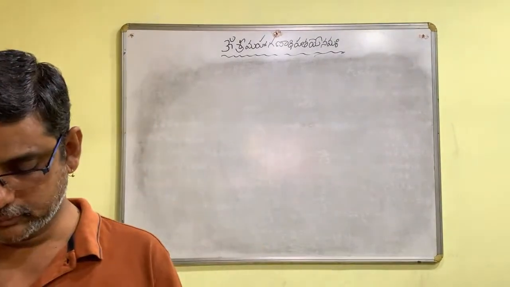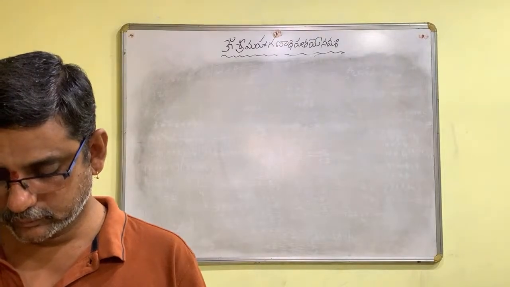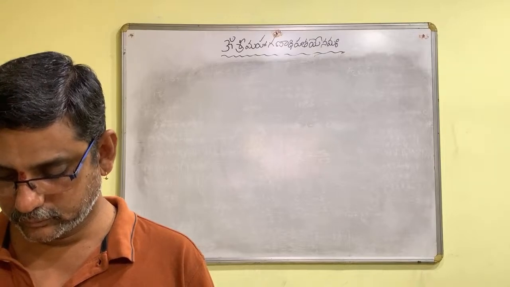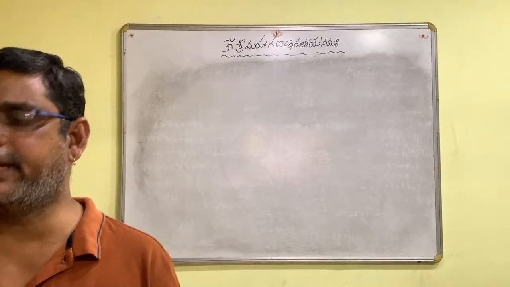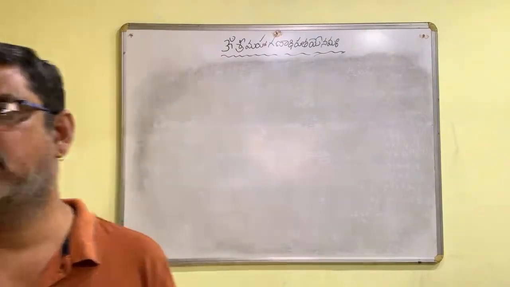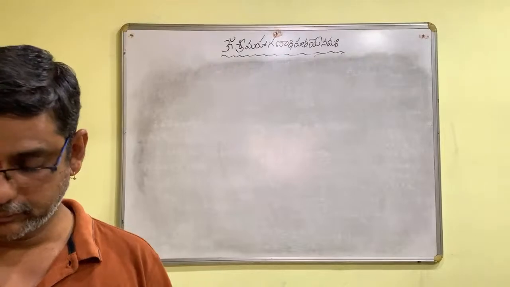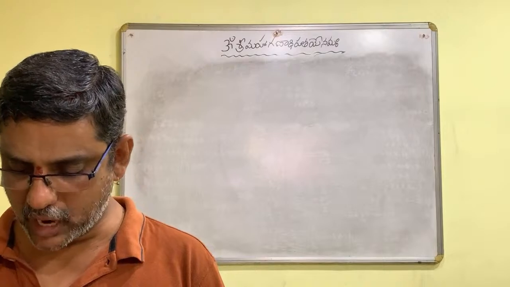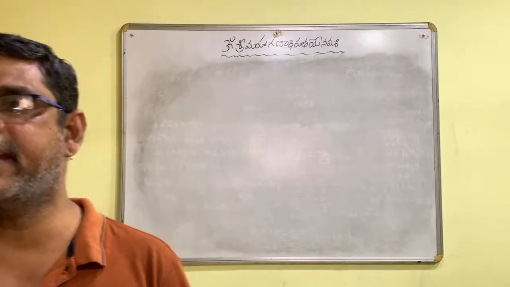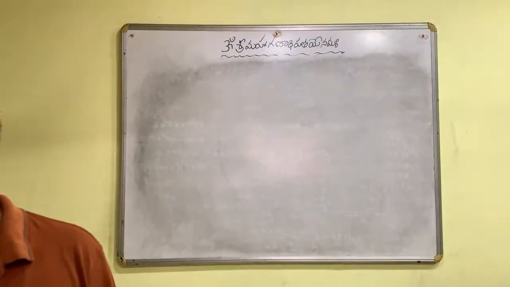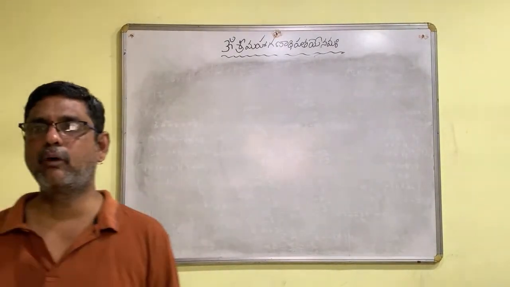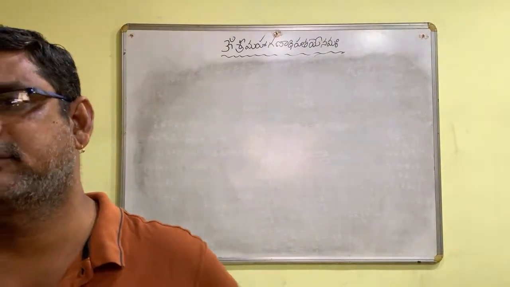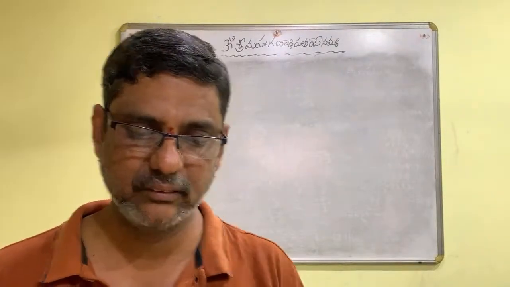Now the fourth question is a repeat of the first question. A point both of whose coordinates are negative lies in which quadrant? Third quadrant. Very good.